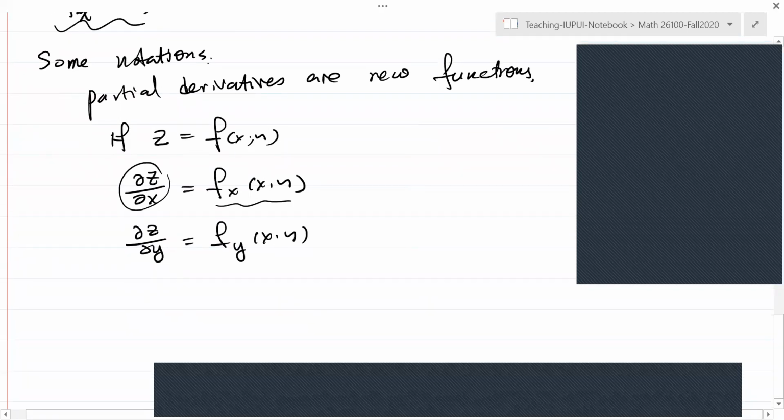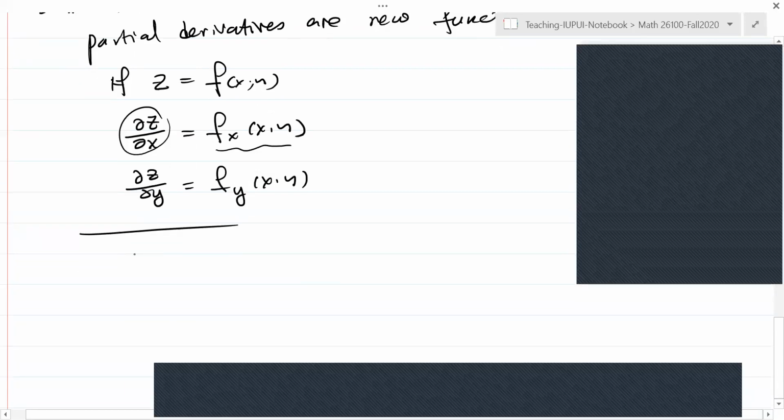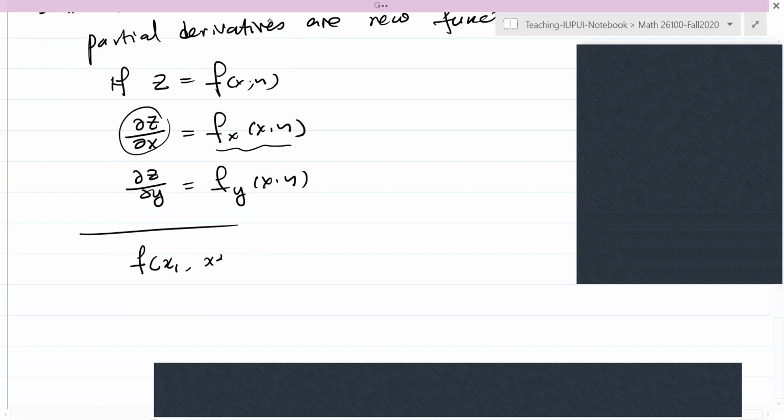Those are the notations. If we have to name the variables, instead of x, y, we use x1, x2, and this is a notation we should get familiar with.